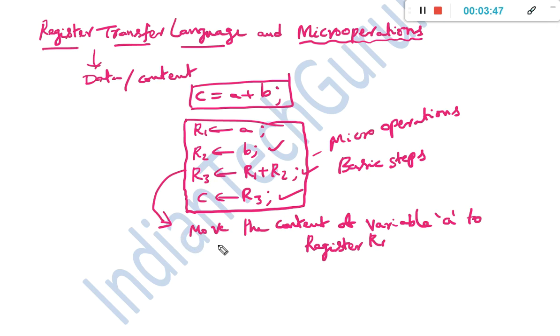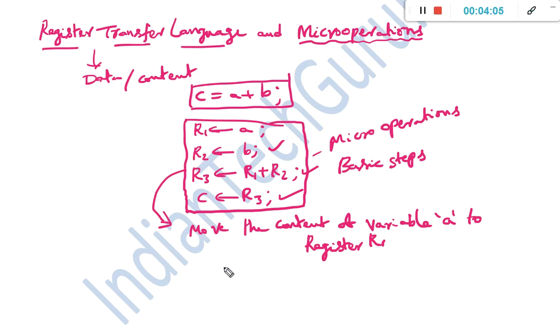So instead of writing like that, we can use this short form known as the register transfer language. Using the register transfer language, we can represent the prolonged sentences in the easiest way.